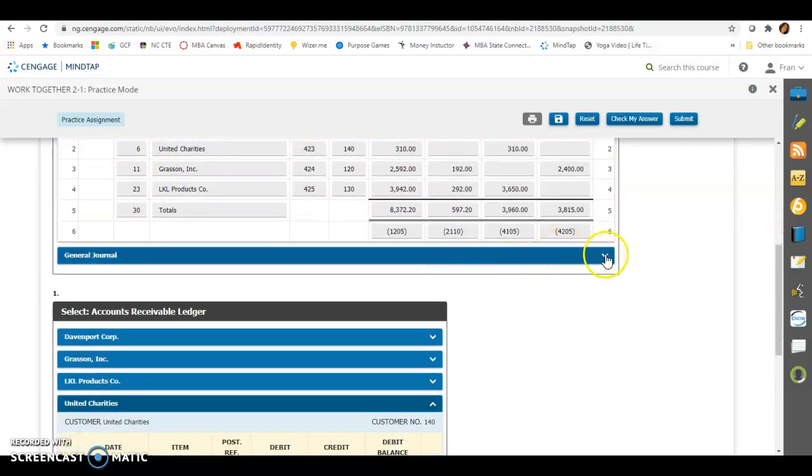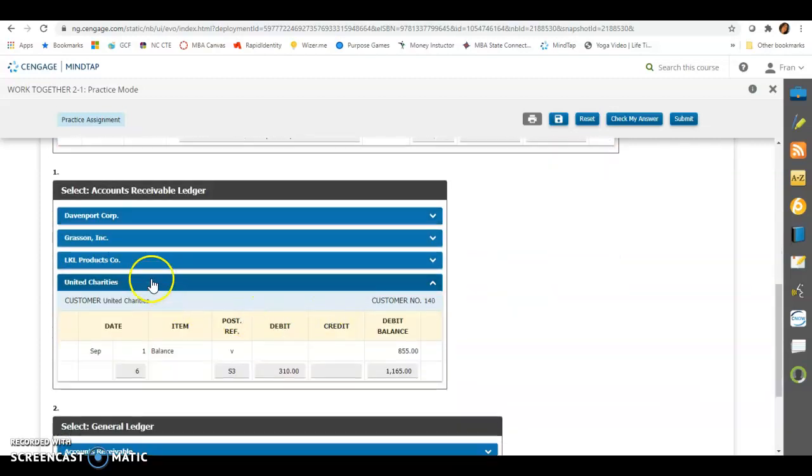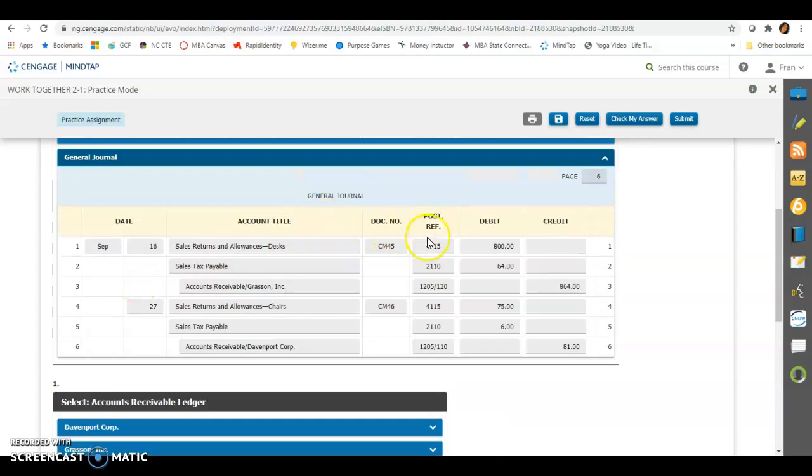Then you would go down here for the general journal and post all of these. Remembering that when you get to accounts receivable, Grayson Incorporated, you have to post to both the accounts receivable ledger and the subledger Grayson Incorporated.